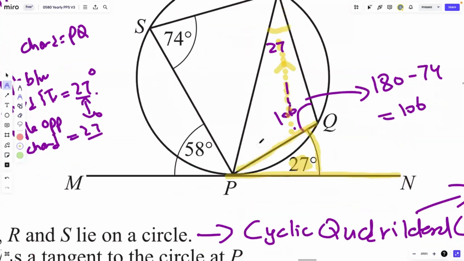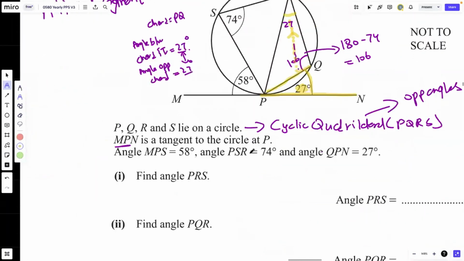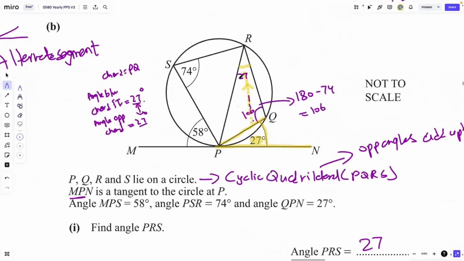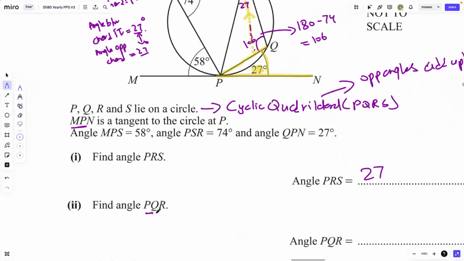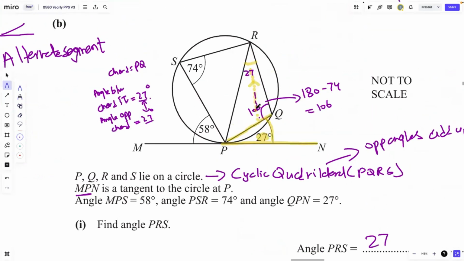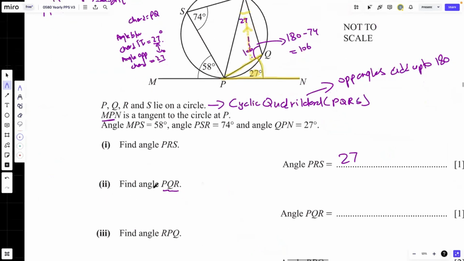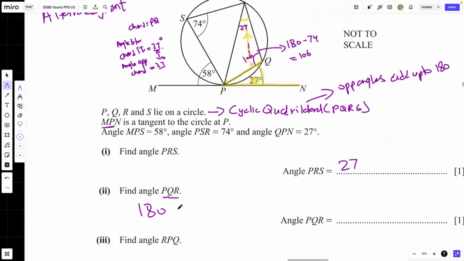Okay, so I think that was the requirement of the first part, PRS. Let's write that down: 27, using the alternate segment. Angle PQR: we have already figured it out to be 106 using the cyclic quadrilateral. Let's show the working here: 180 minus 74 is 106.